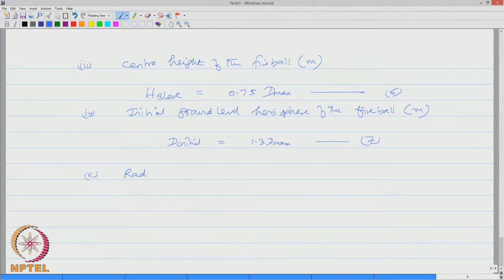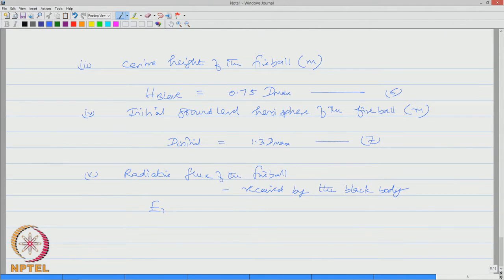Radiative flux of the fireball is another important issue to estimate in risk assessment arising from fireballs. This is the one which is received by the black body.